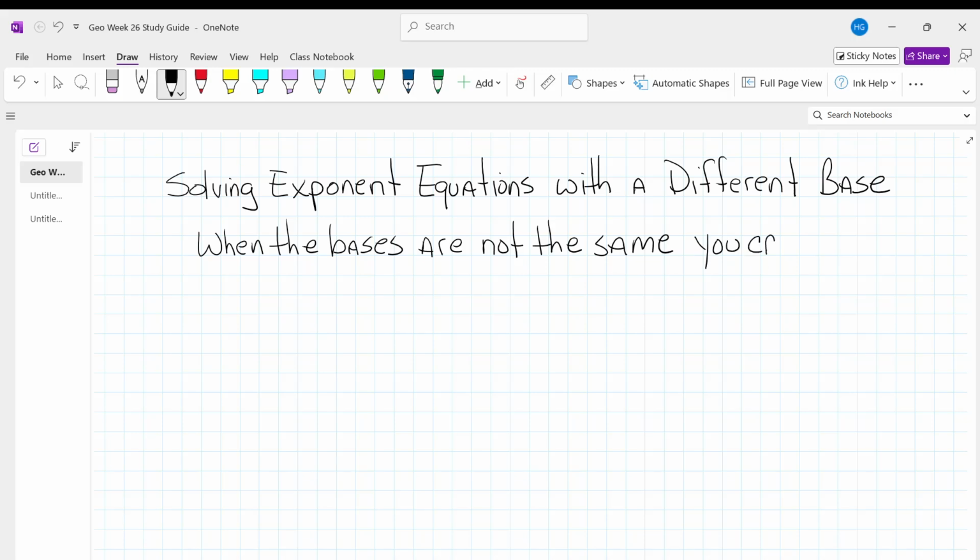You can solve by taking the logarithm of each side.